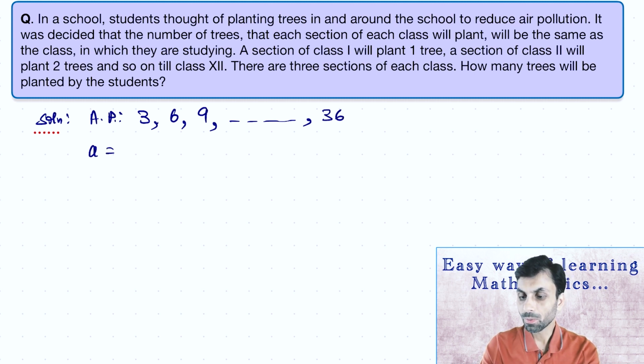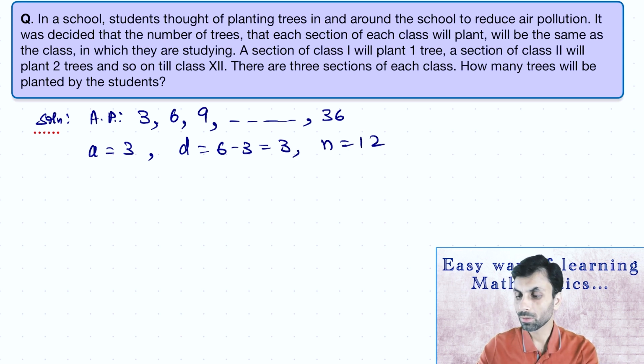Here, the first term a will be 3. The common difference will be 6 minus 3, which is 3. n will be equal to 12. And here, the nth term is also known, that is 36.